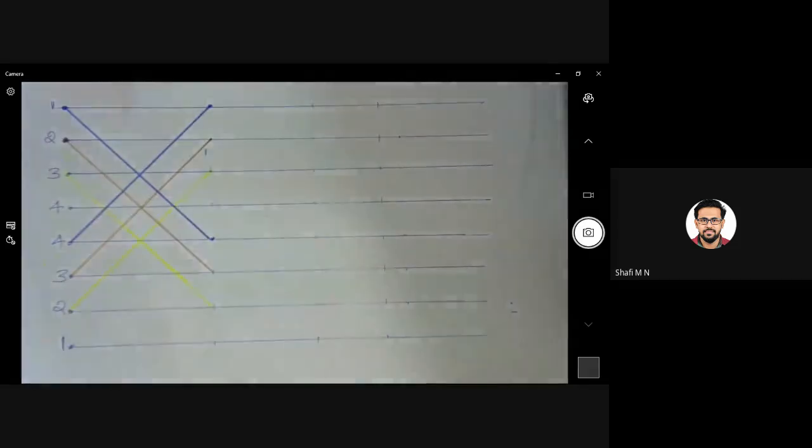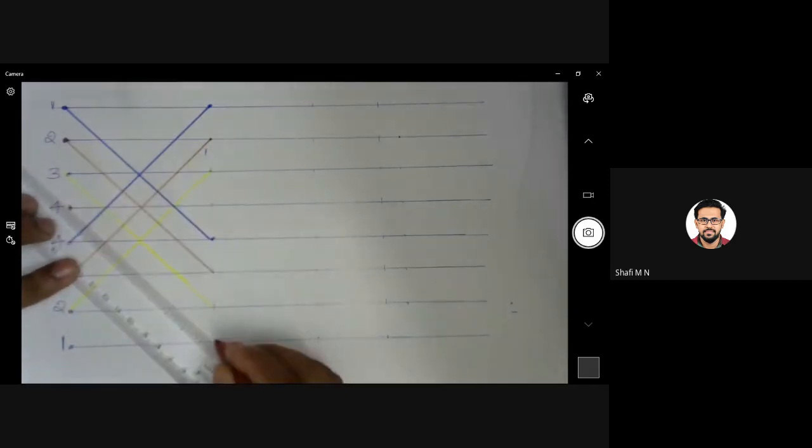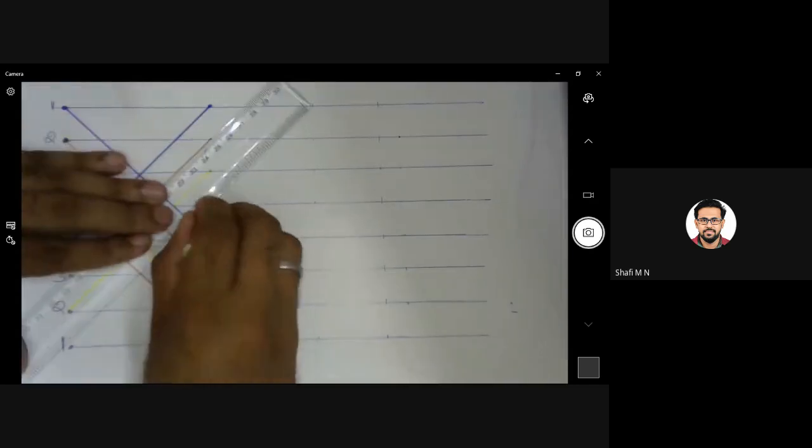There's the third butterfly and the fourth one. It will come like this. So these are the 4 butterflies that we have.